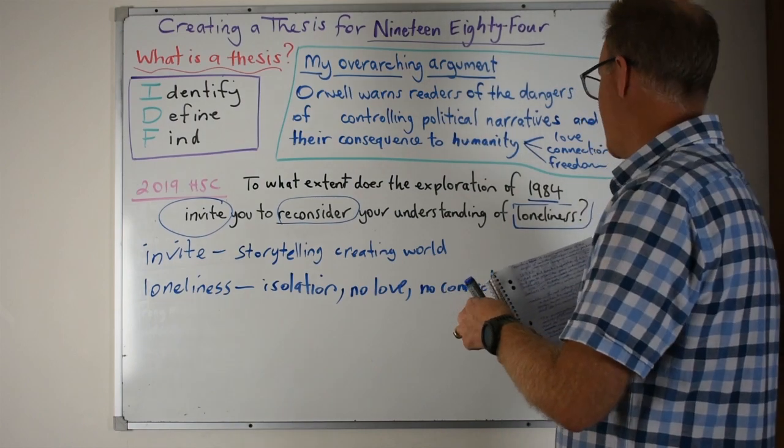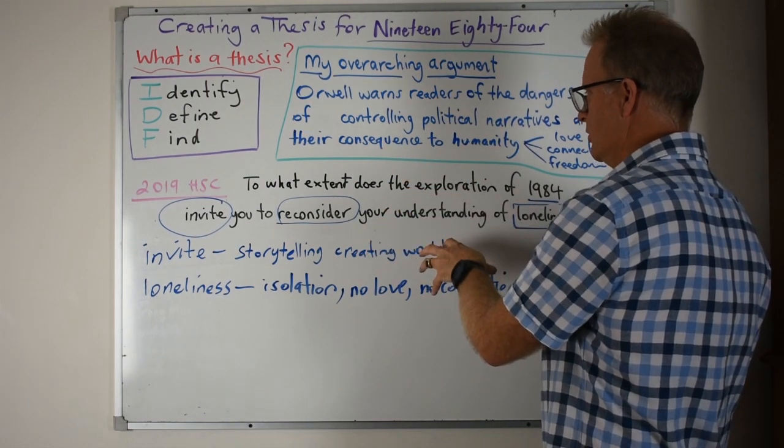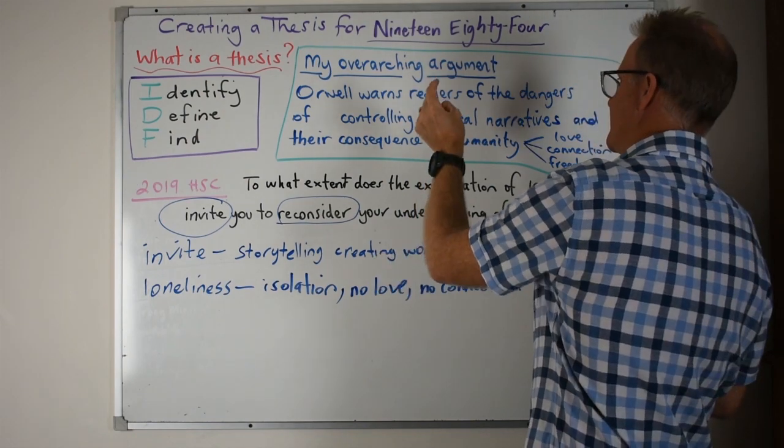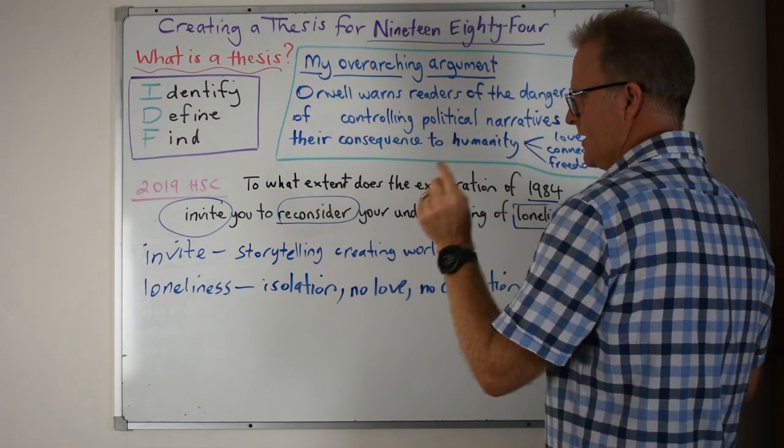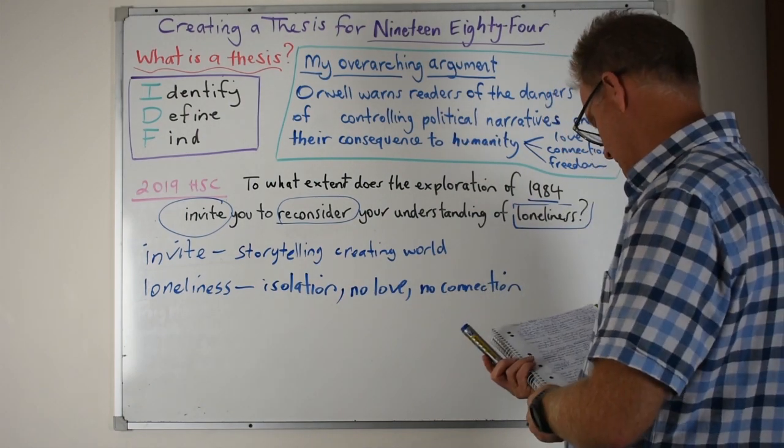And so it's looking at how this story has created a world in which it has a controlling political narrative, then the end product is the isolation of the individual. It creates loneliness.